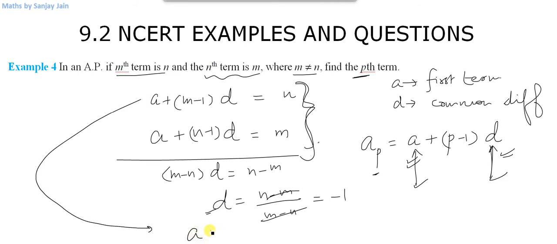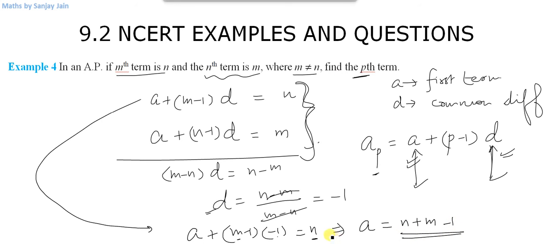So a plus m minus 1 into d, that is minus 1, is equal to n. So what will be a? A will be equal to, there is n on the right hand side, and this will be minus m plus 1. So when it goes to the right hand side, it will become plus m minus 1. So this is a. I want you to solve this equation yourself, and a will be equal to n plus m minus 1.